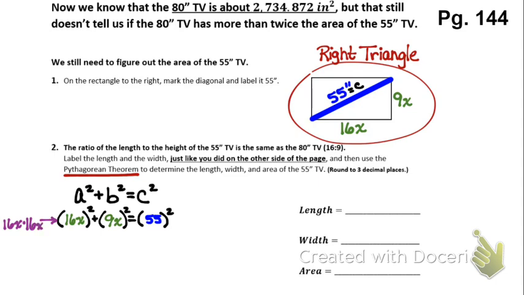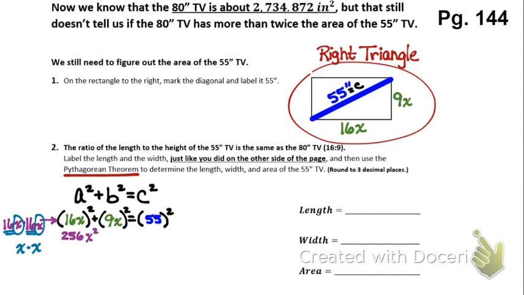Okay, so I'm going to do 16x times another 16x right here. How do I do that? 256, because I've got 16 times 16. And then I'm still doing x times x. What is x times x? x squared.